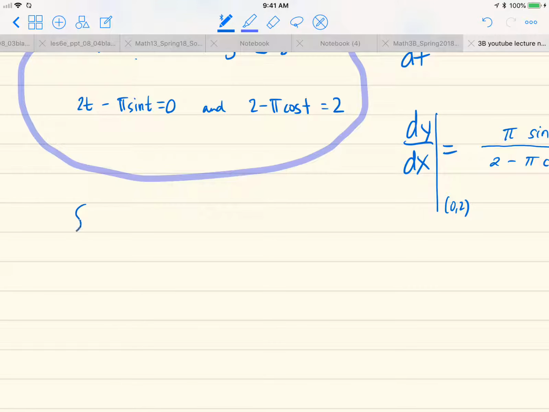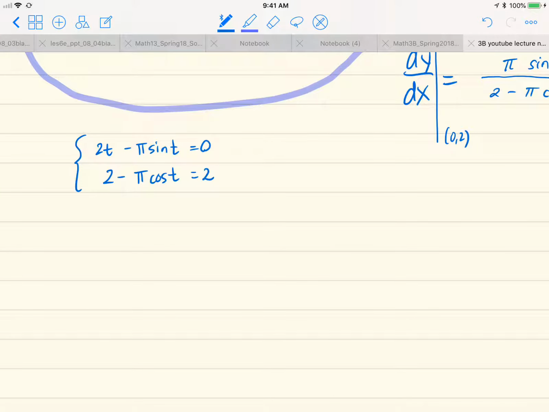So this means we are solving a system of equations: 2t minus pi sine t equals 0, and 2 minus pi cosine t equals 2. This bottom equation can be simplified to cosine of t equals 0. Because if we have 2 minus pi cosine t equals 2, we can subtract 2 from both sides, so we have minus pi cosine t equals 0.